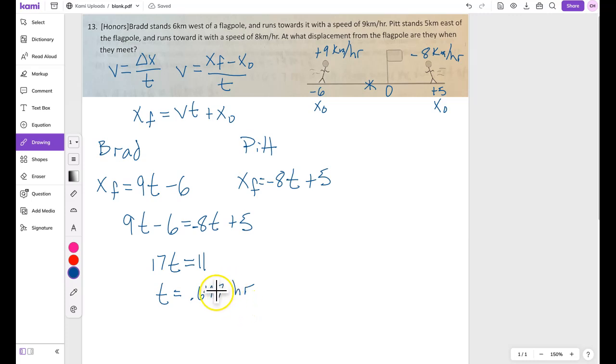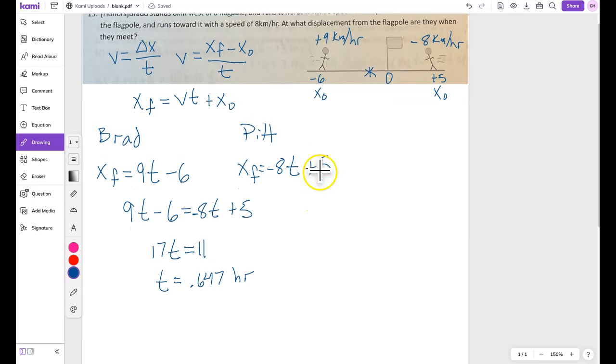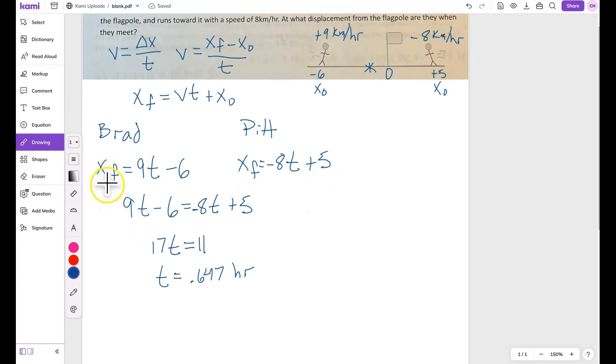So now all we have to do is plug the time into each one of these two equations, and that'll tell us their final positions. So let's do that for Brad. Brad's final position is going to be 9 times 0.647 minus 6.